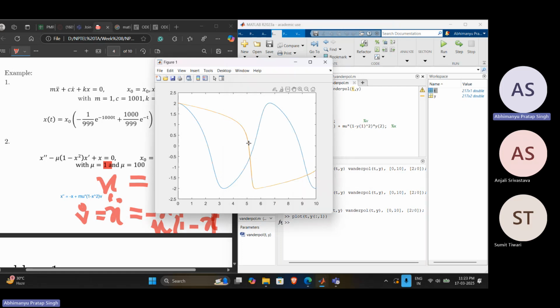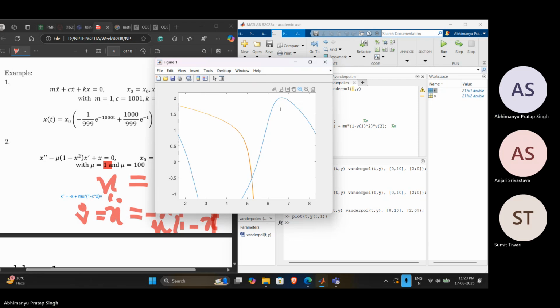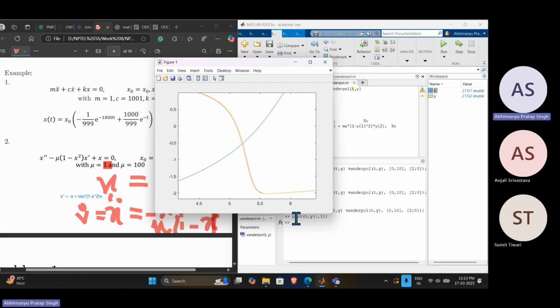So there is some mismatch in this transient part. There is a slight mismatch because of this time stepping, but otherwise this is completely overlapping. Okay.